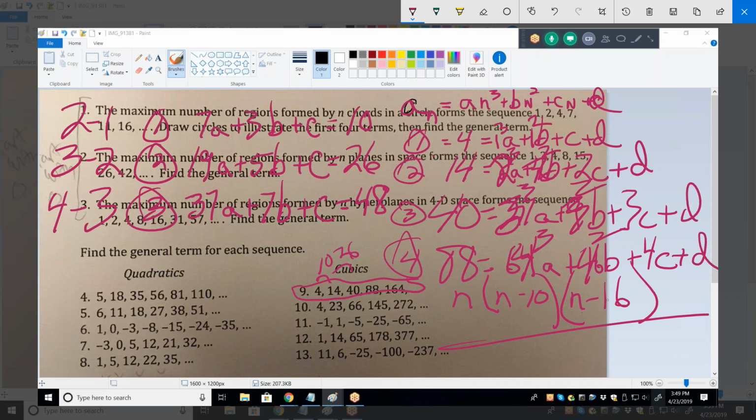Not that that's the answer, but I think if there is a quick way to get to the general term, you're going to get to it like that, not as a put together cubic thing. But I might be wrong, guessing.